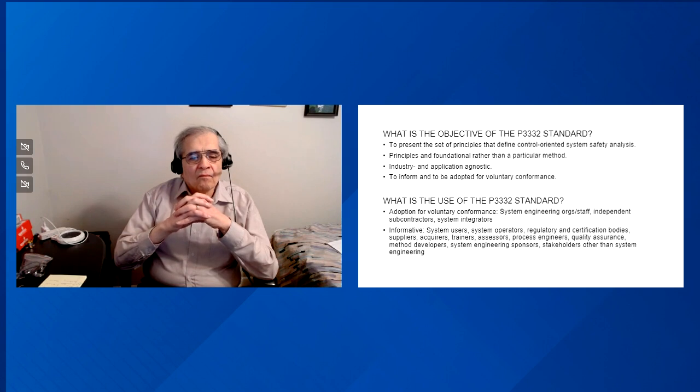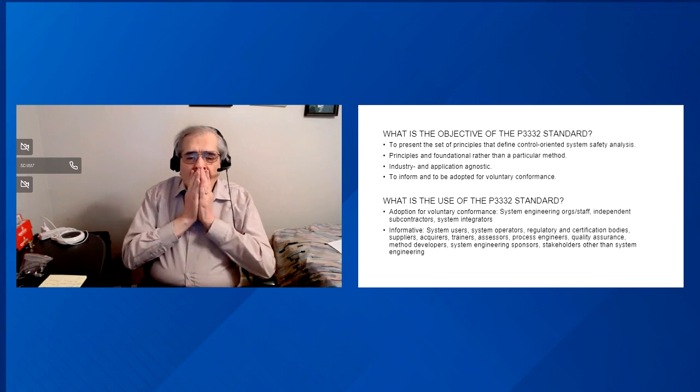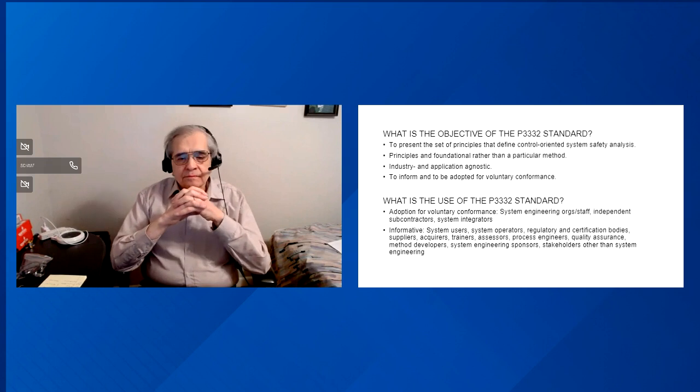Okay, what is the use of the standard? I already mentioned adoption for voluntary conformance by system engineering organizations and staff, but also independent subcontractors, as well as system integrators. The informative objective and use is for the whole broad audience. The users, the system operators, the regulatory and certification bodies, the suppliers, the acquirers, the trainers, assessors, the process engineers, quality assurance, method developers.